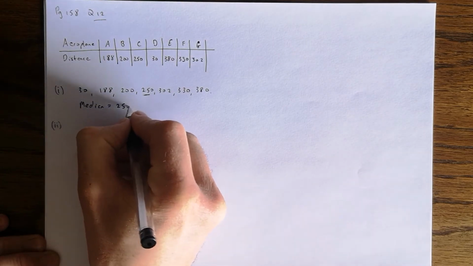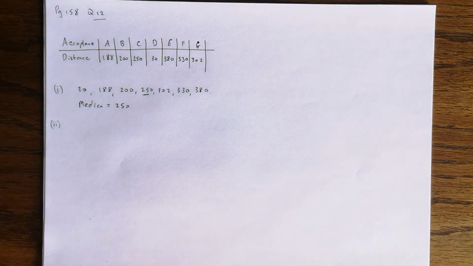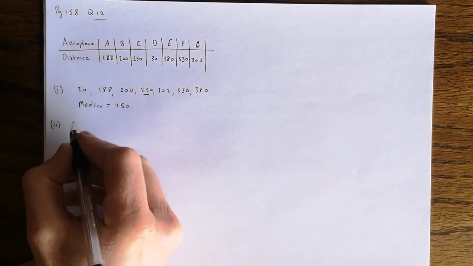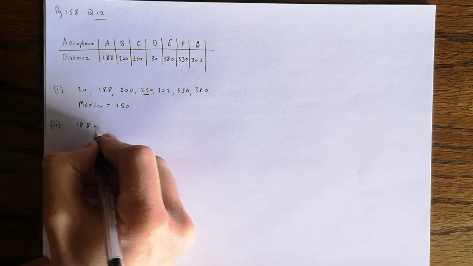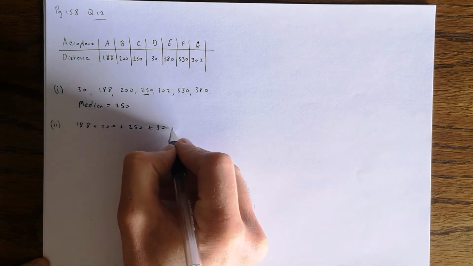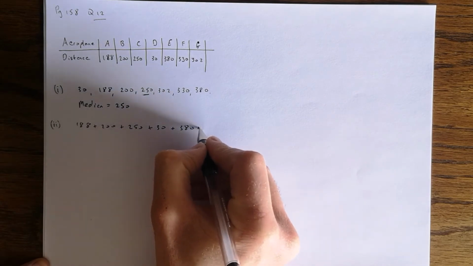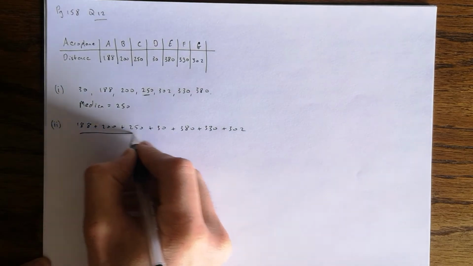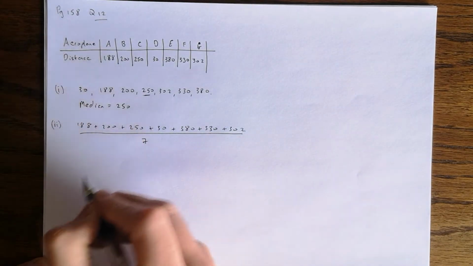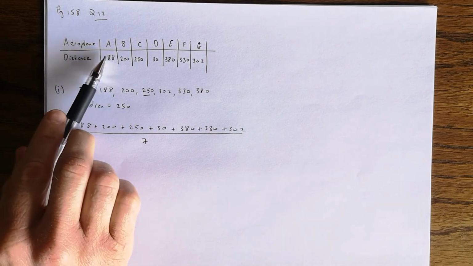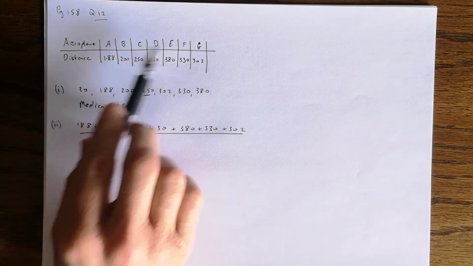equals 250. Then the second question asks us to find the mean distance. To find the mean distance, we just add them all up. So we're going to add 188 plus 200 plus 250 plus 30 plus 380 plus 330 plus 302, and divide by the amount of numbers. We don't have to do this times this times this, because we've just got letters up here.